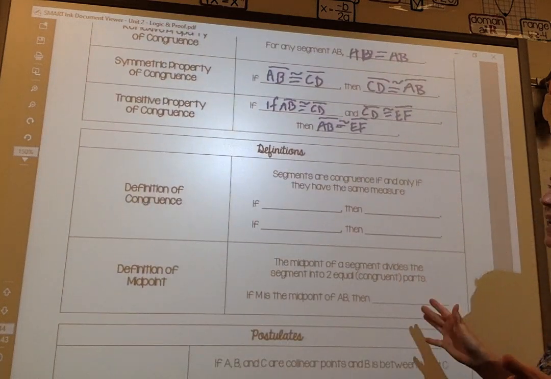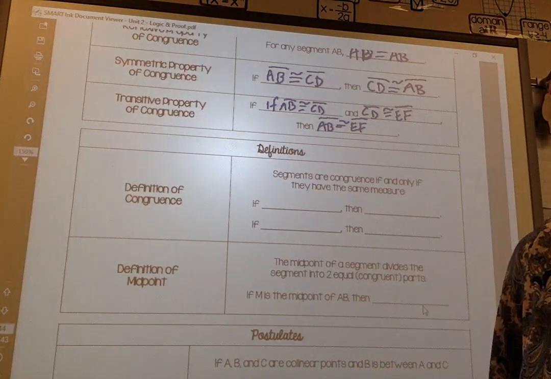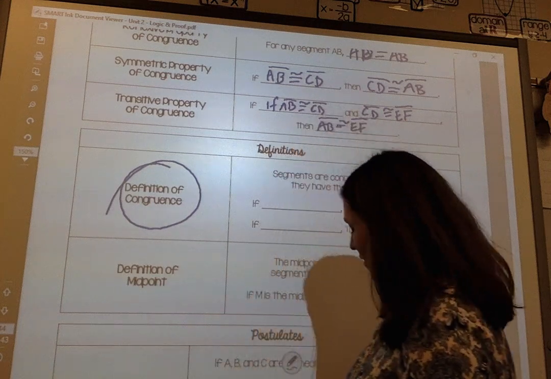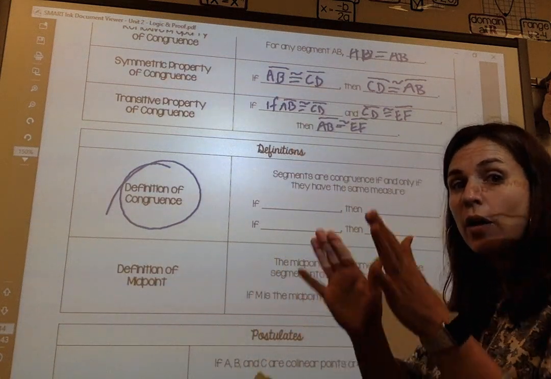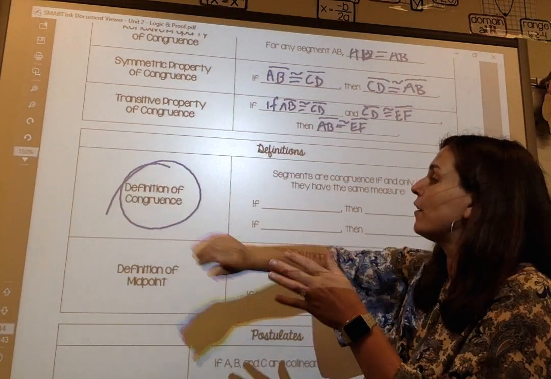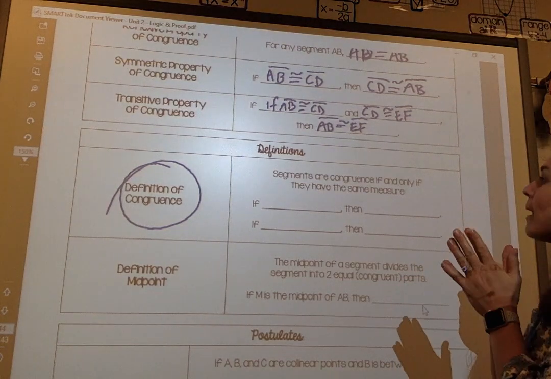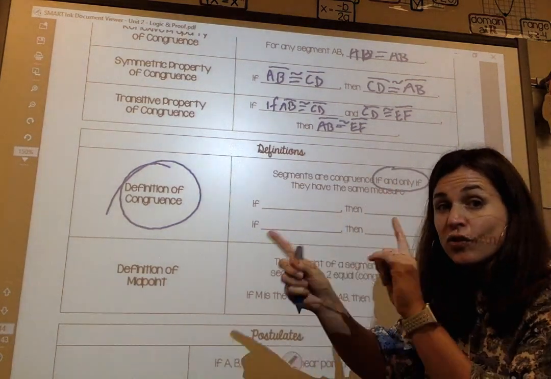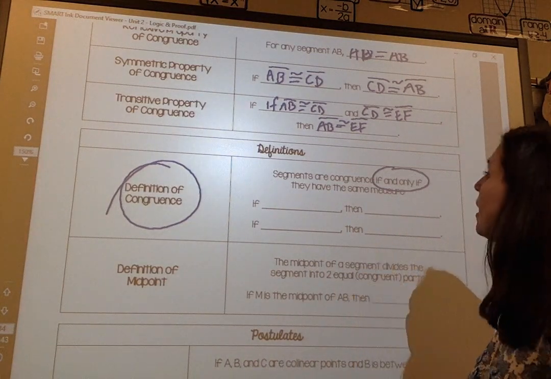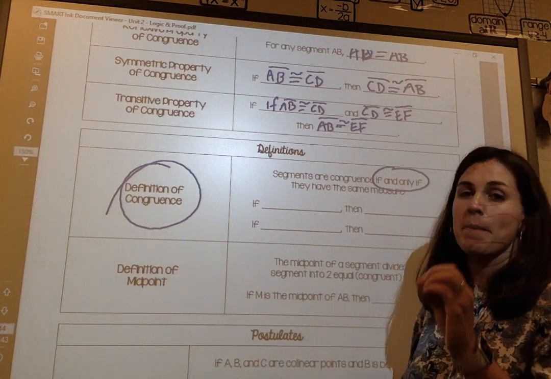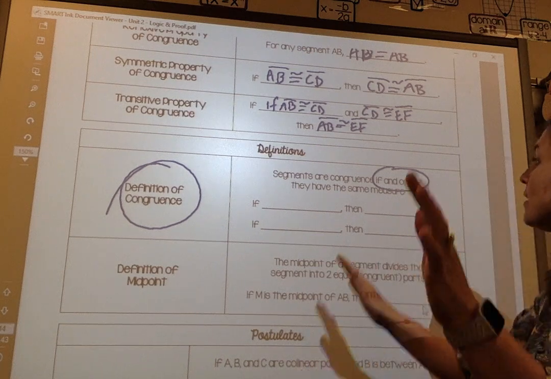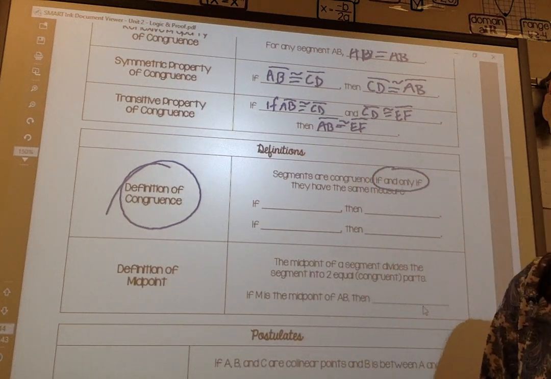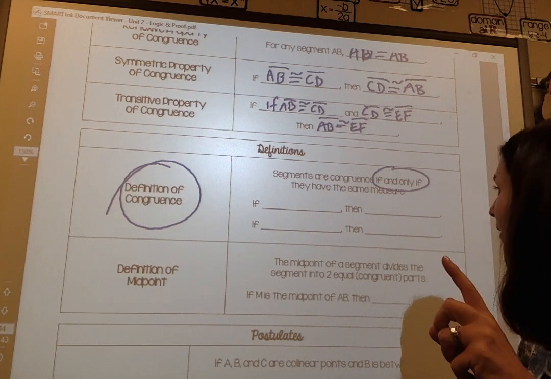All right, so some big definitions that we need to know. And I want you to highlight this one because sometimes students struggle. So now we really need to highlight the definition of congruence. Segments are congruent if and only if, by conditional statement, which means two ways, they have the same measure. Okay. Segments are congruent if and only if they have the same measurement. So watch what I have here.